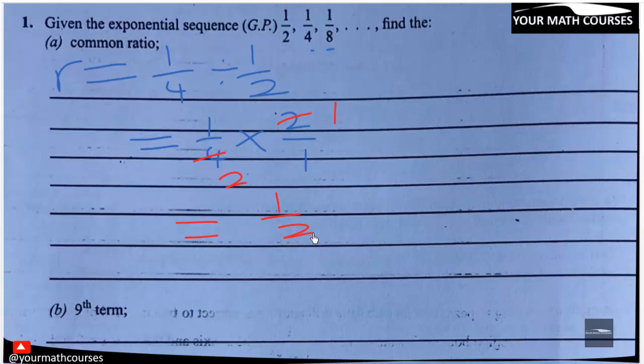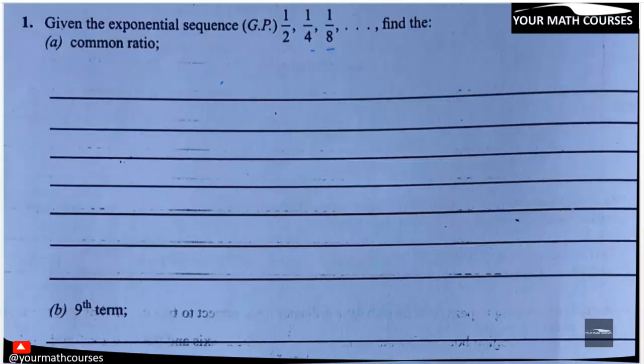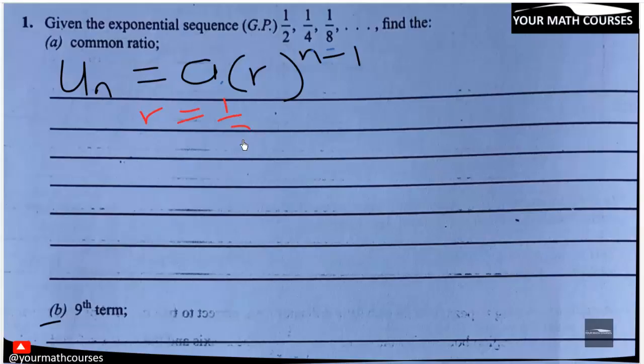We are to find the ninth term of this sequence. So the nth term of a geometric progression is given by a times r exponent n minus 1, where we have r equal to 1 over 2, a equal to 1 over 2, and n equal to 9, because it says the ninth term.